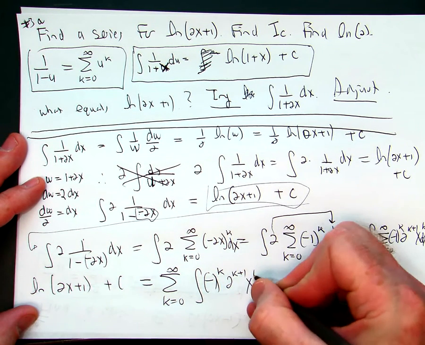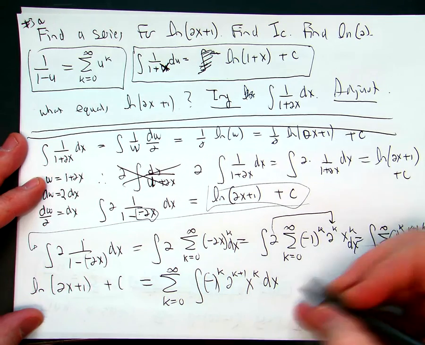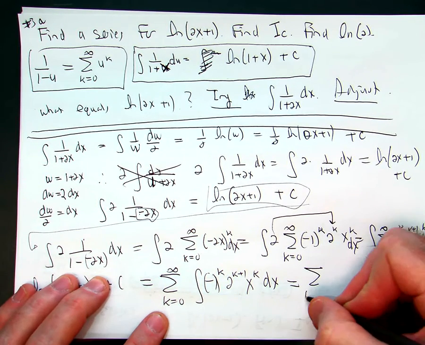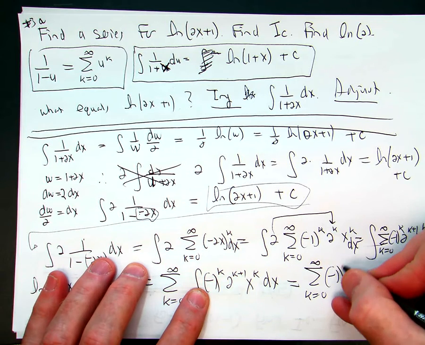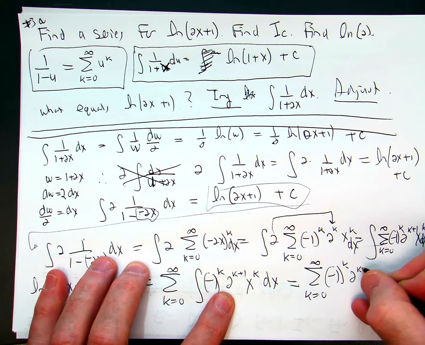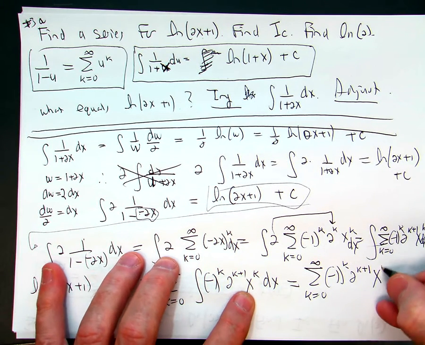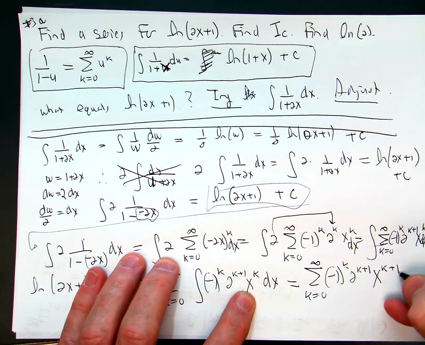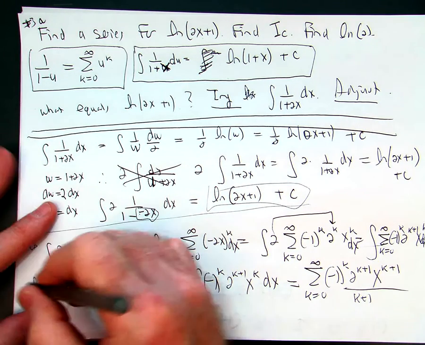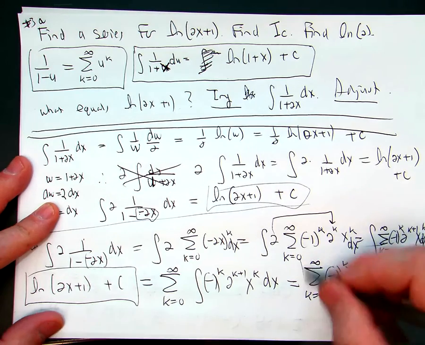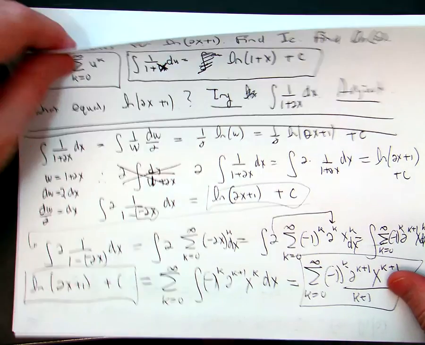Remember, when you integrate a sum, you just switch. So this is fairly routine to integrate. Minus 1 to the k, that's a constant. 2 to the k plus 1, that's a constant. Add 1 to the exponent of x, and then divide by the new exponent. So this is equal to this. So I'm going to continue that.